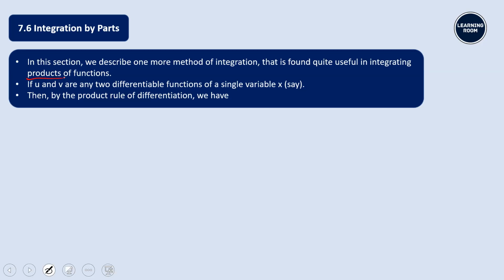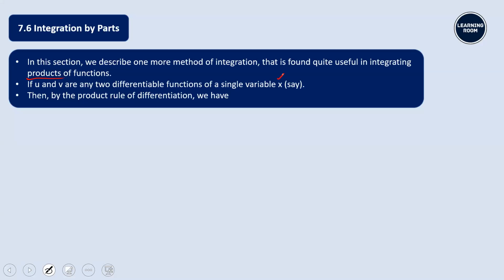Suppose I have two differentiable functions u and v of a single variable. This is an important point. I have two functions in my hand, and both are differentiable. You give the names u and v to those functions, and they are functions of a single variable, let's say x, because that's what we generally use.